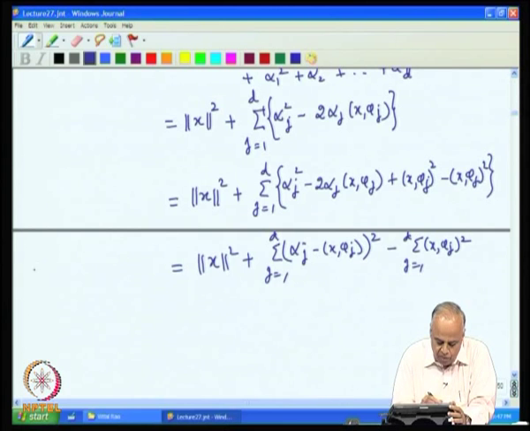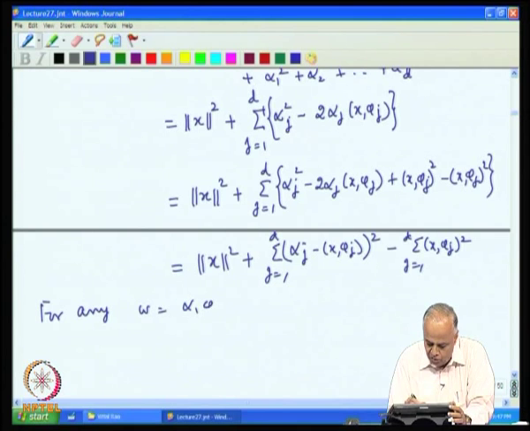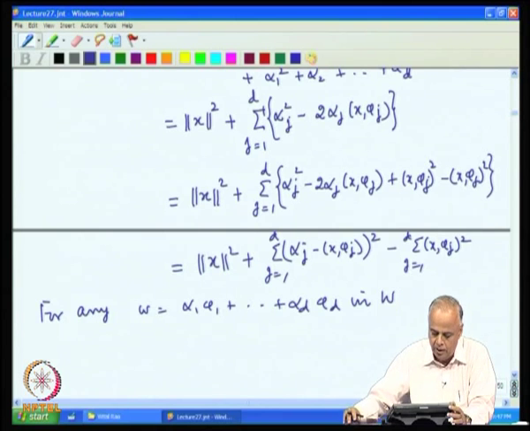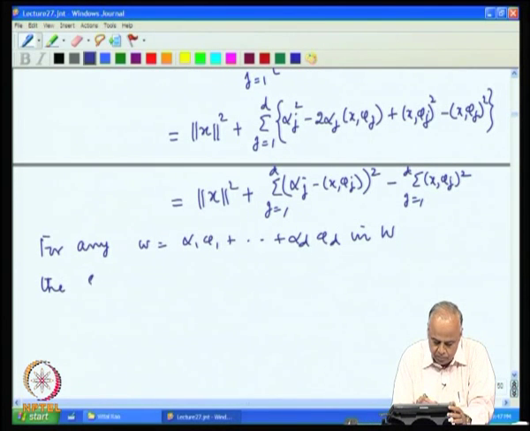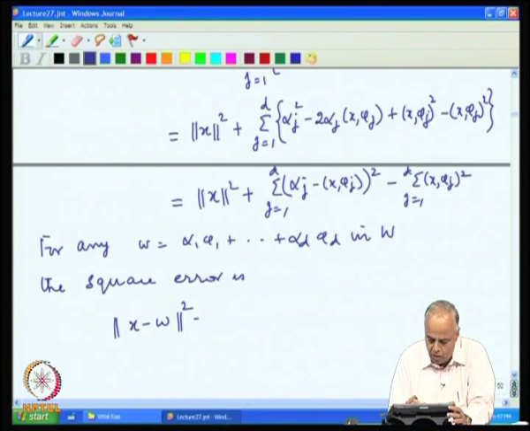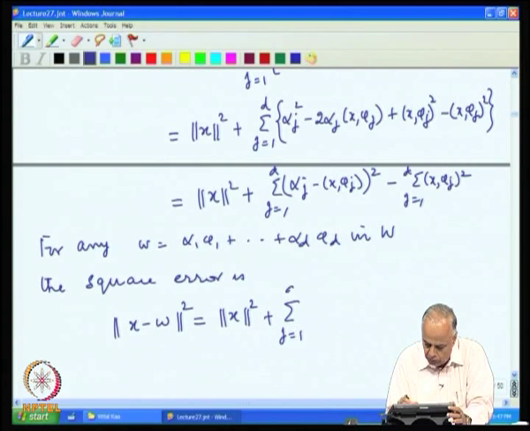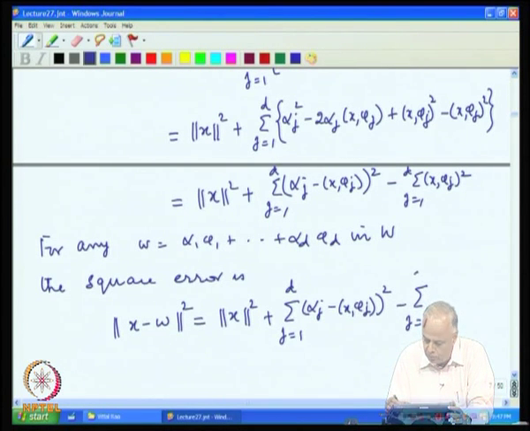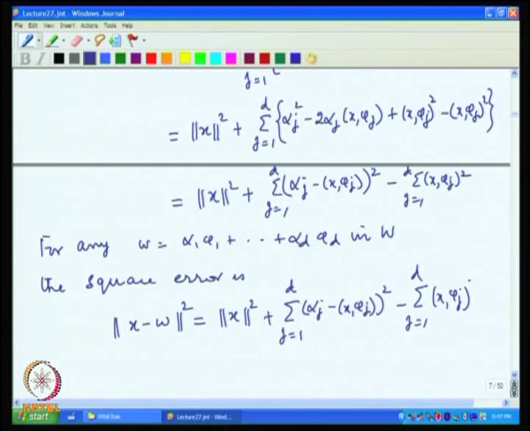Now, therefore, for any w equal to alpha 1 phi 1 plus ... plus alpha d phi d in W, the square error, norm x minus w squared, the length squared, is equal to the length of x squared plus summation j equal to 1 to d of alpha j minus x comma phi j squared, minus summation j equal to 1 to d of x comma phi j squared.